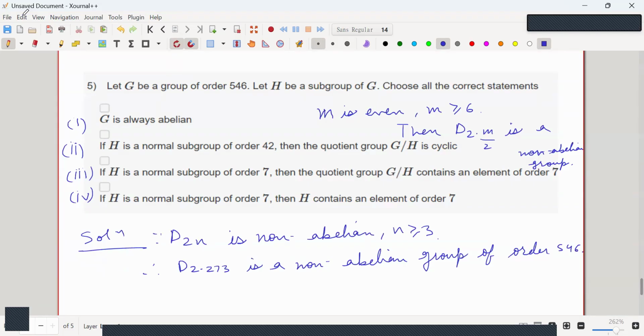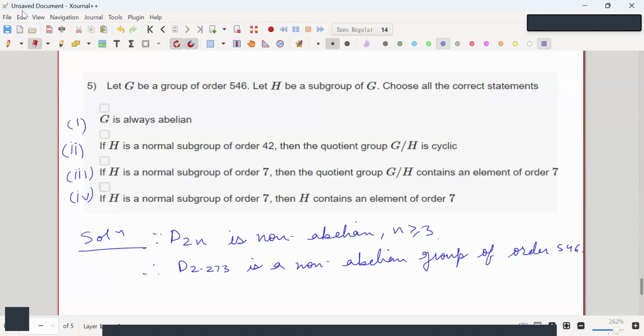But can you say the same for odd? When n is odd, can we say that after a certain value there will be a non-abelian group of that order? No, because you have primes, right? And for primes, you precisely get a single non-isomorphic group, that is the cyclic group of that order.